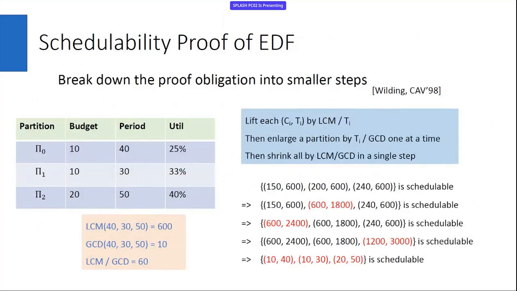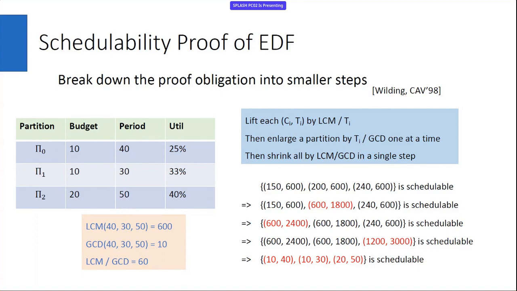At a very high level, I can use a concrete example to show you how we do this. If I give you 3 partitions, 10/40, 10/30, and 20/50, clearly their utilization, when you add them together, is less than 100%, so clearly they are schedulable. But how do we actually prove it's schedulable? Well, the high-level idea is you first try to lift every one of these periods uniformly to their least common multiple.